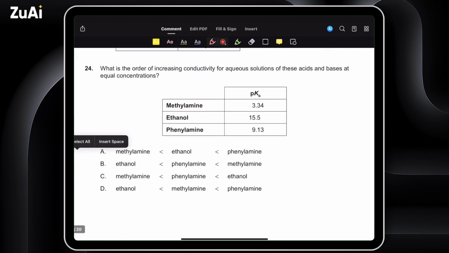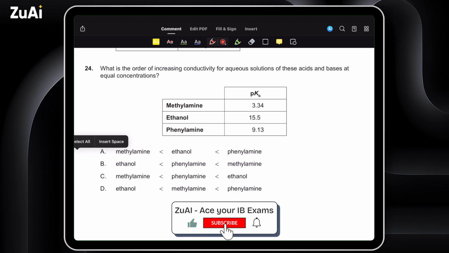What is the order of increasing conductivity for the aqueous solution? That's a very good question.